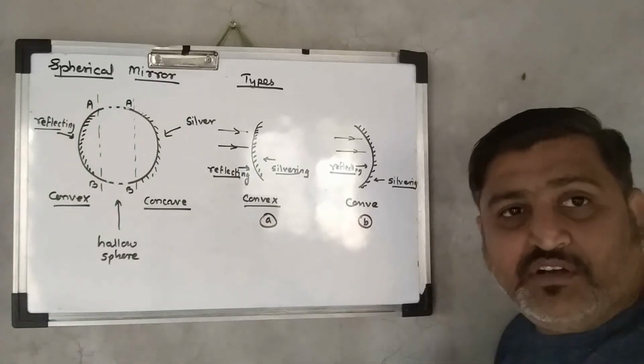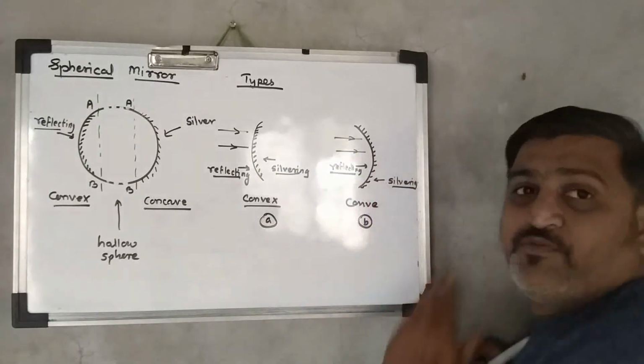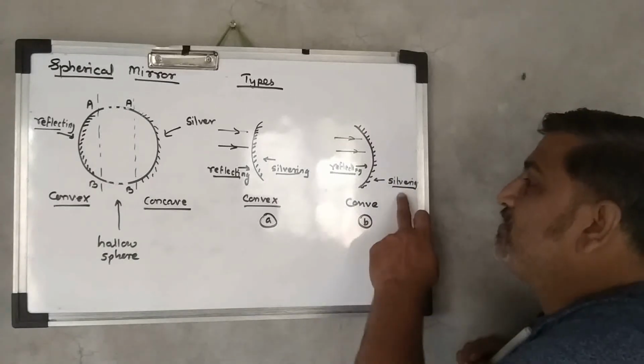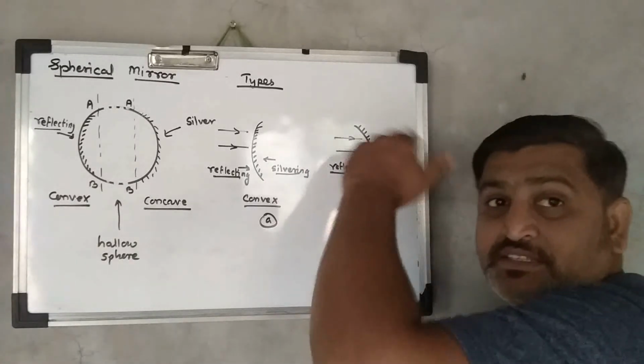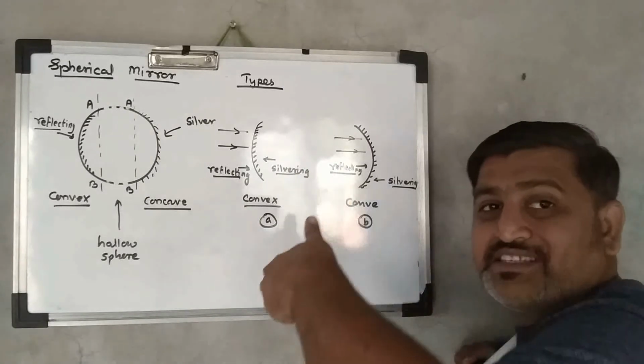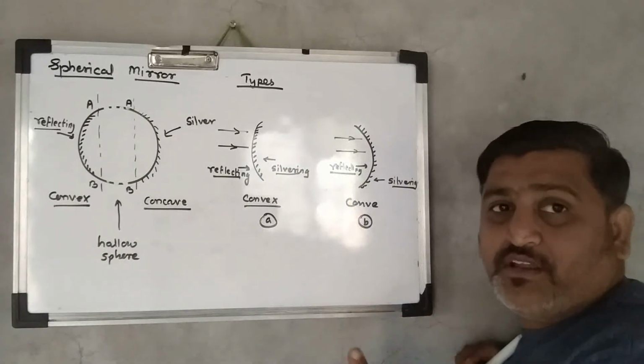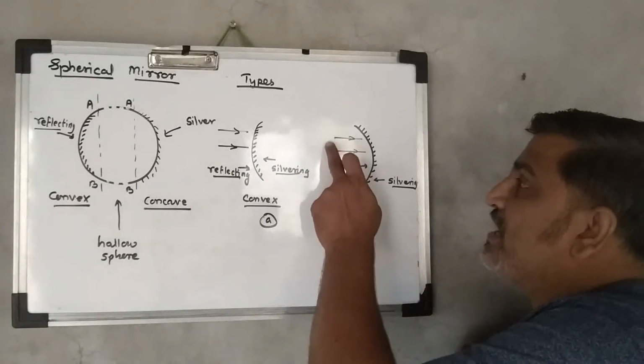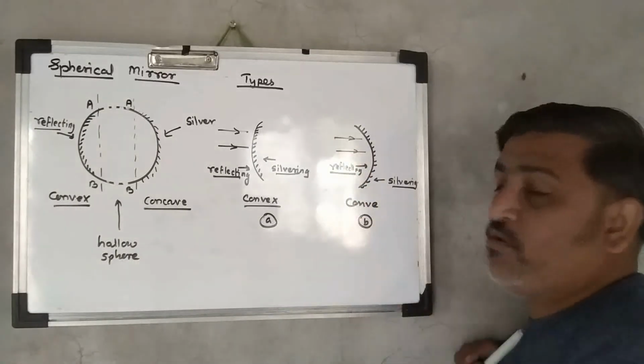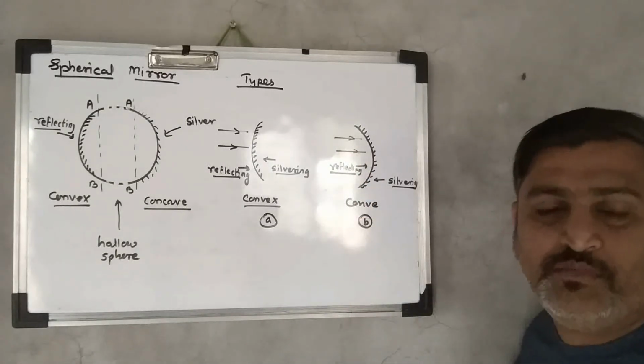When we silver the outside surface of the hollow sphere and take the inside surface as the reflector, such a mirror is a concave mirror.